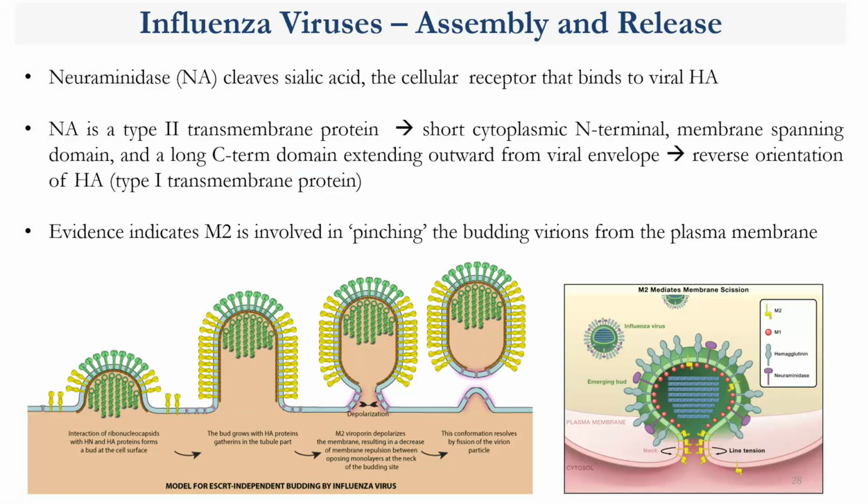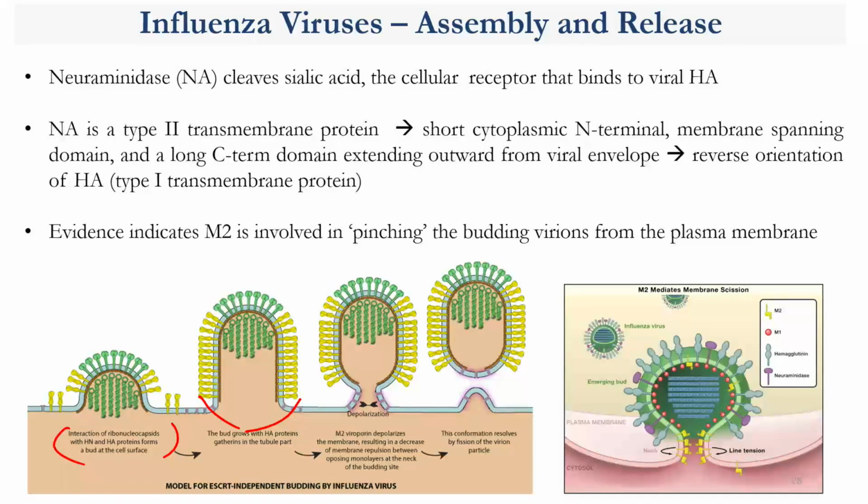So there is some evidence that indicates that M2 is actually involved in pinching of these budding virions from the plasma membrane. So again, let's have a look at the figure on the left. Here's your nucleocapsids, and they are going to start interacting with those NA and HA proteins at the plasma membrane surface. And as that happens, you're going to start budding off, okay?